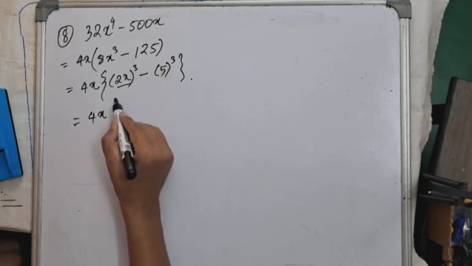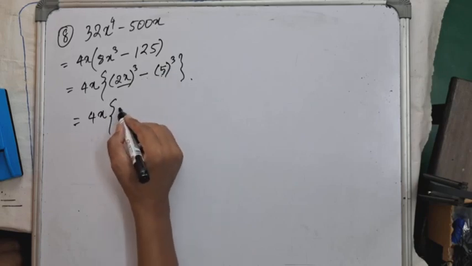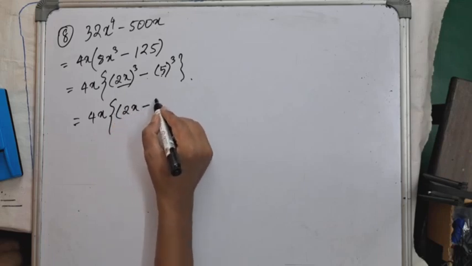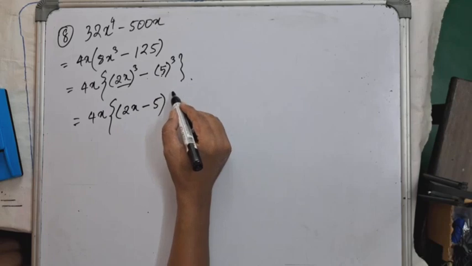Okay, so a cubed minus b cubed is a minus b into a squared plus ab plus b squared.